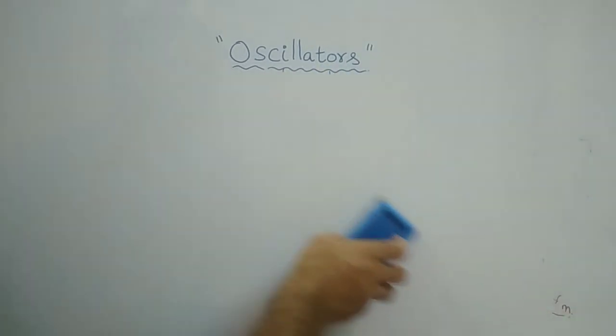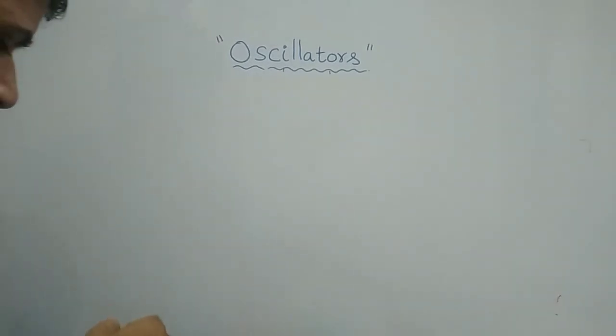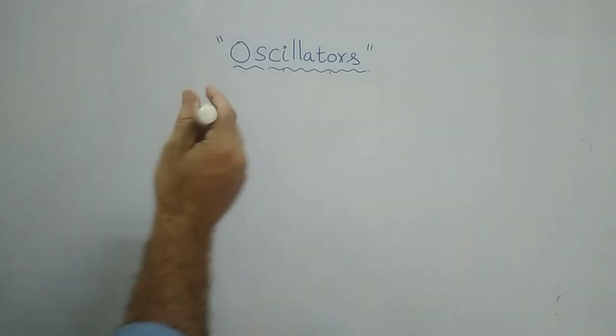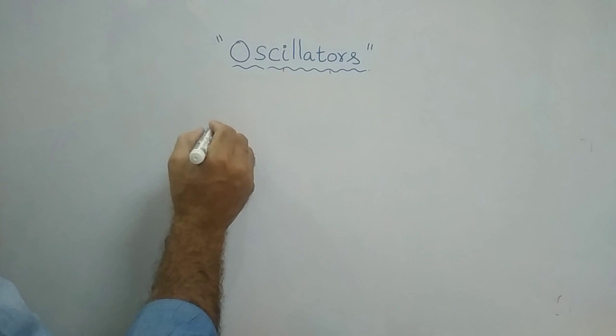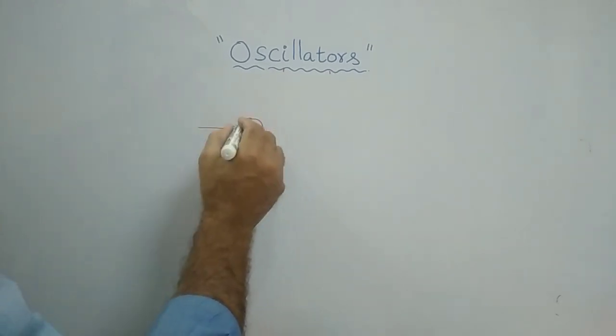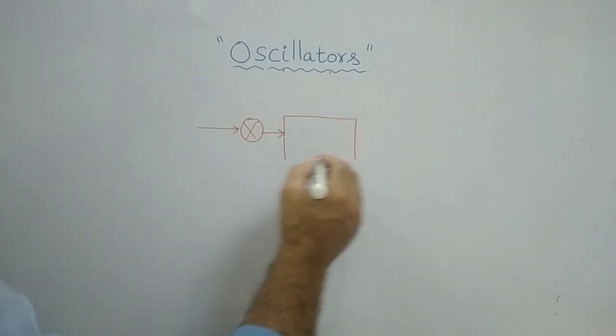In the RC phase shift oscillator, as I already told you, one is the amplifier part and the second is the feedback part. Always remember that. I am giving the basic circuit diagram once again.